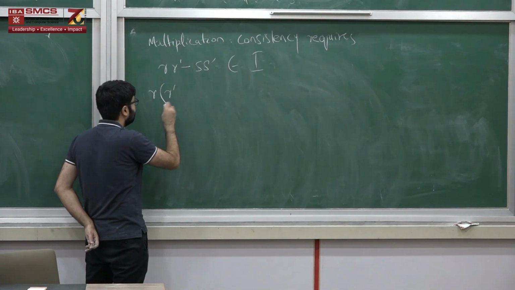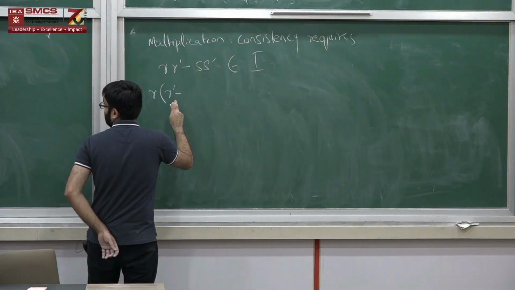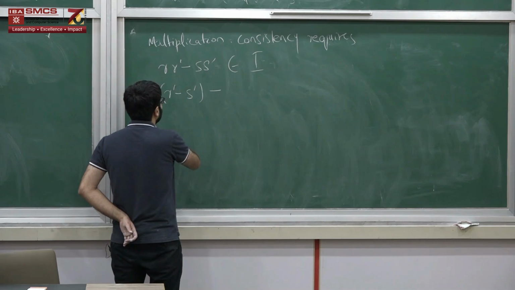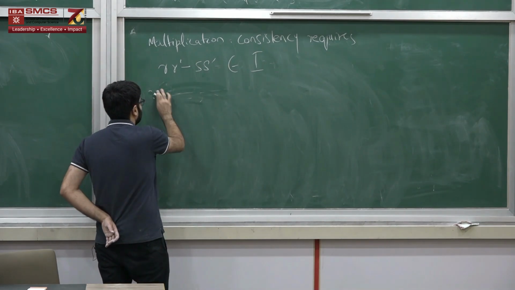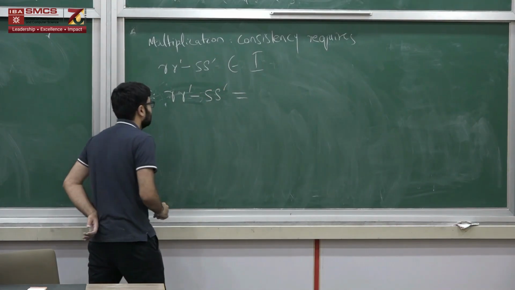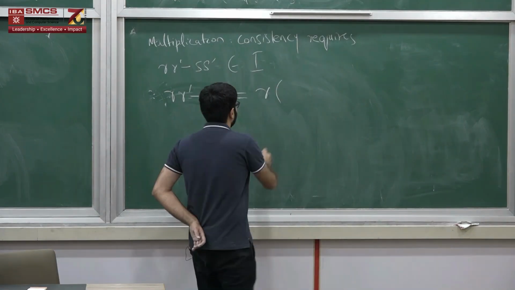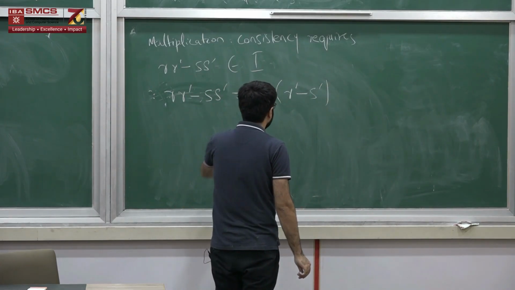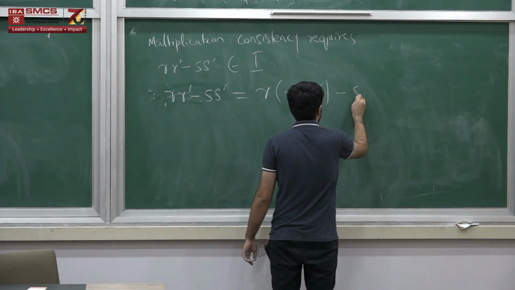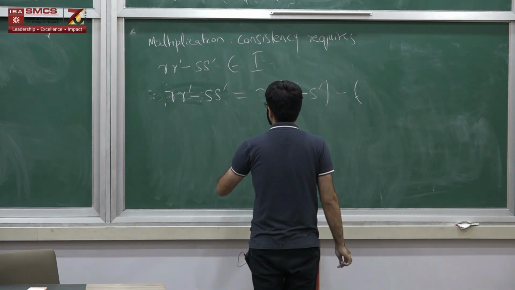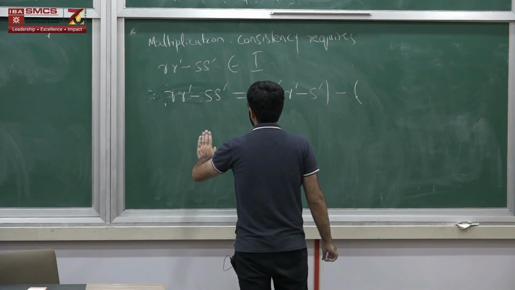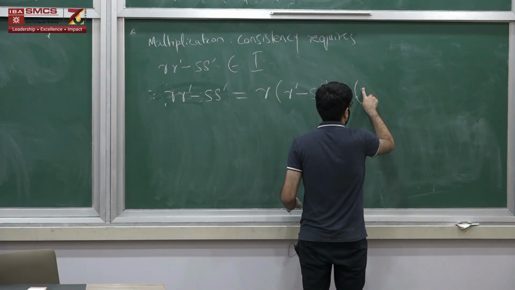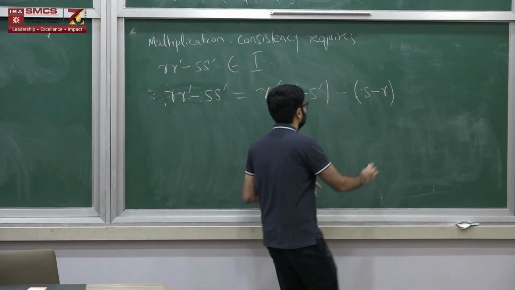So R R prime minus S S prime, and this I can write as R times R prime minus S prime, and then I have added R S prime, and then minus S minus R times S prime.